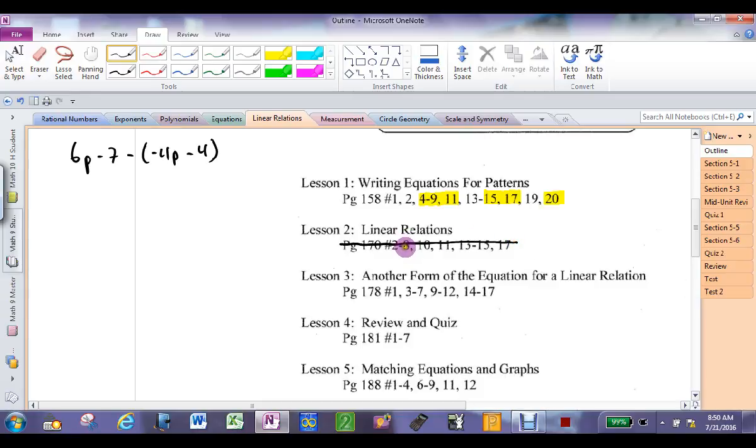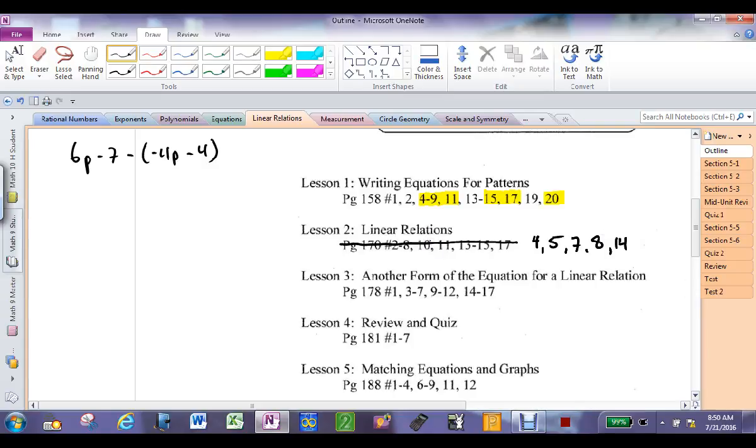On page 170, I want you to do 4, 5, 7, 8, and 14. And that's it on page 170.